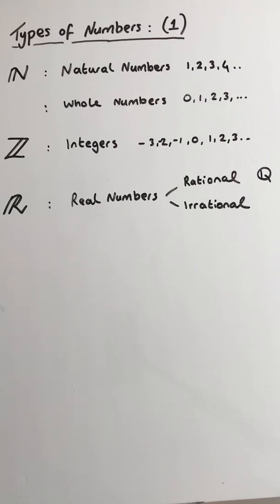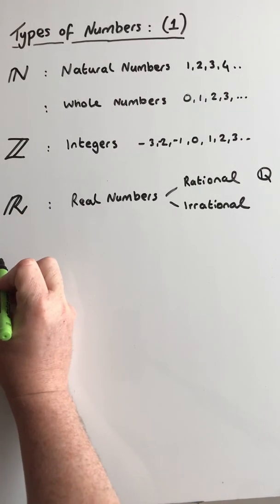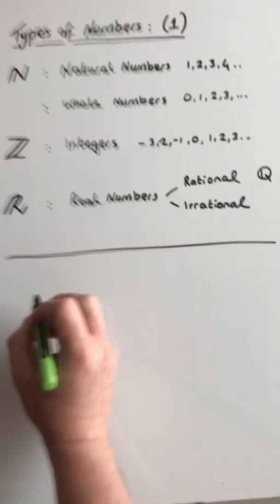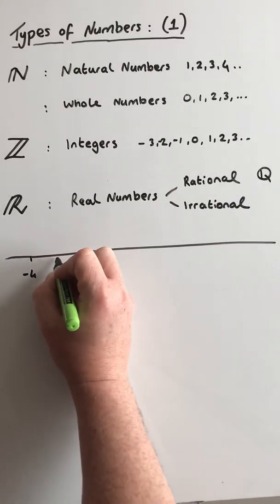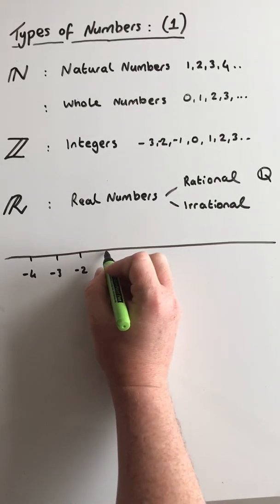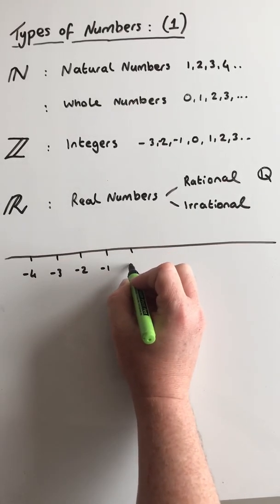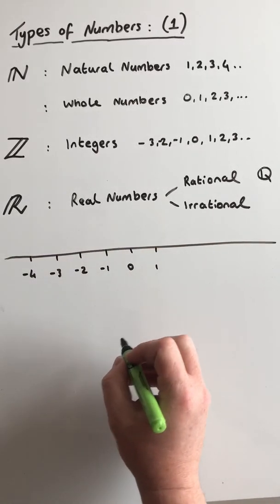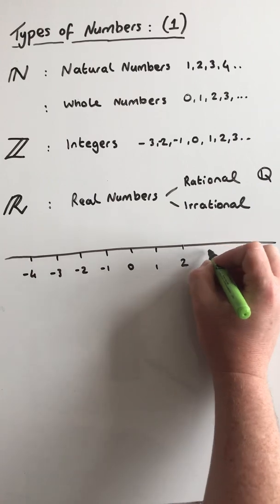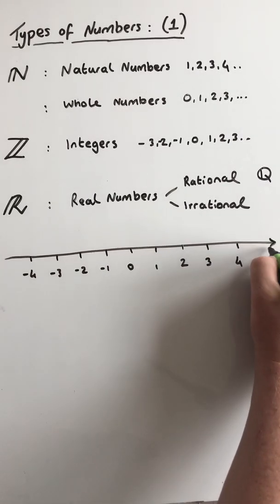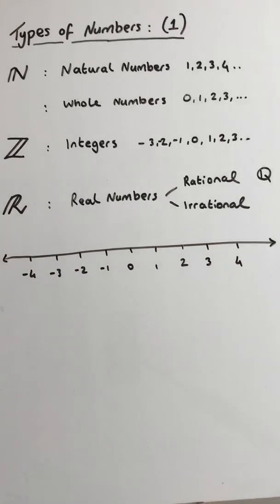Okay. Now, real numbers can always be thought about as all the numbers which exist on the number line. Right, this is what you're most familiar with. This set of numbers here, all the real numbers. Right, so up to positive infinity, away to negative infinity.